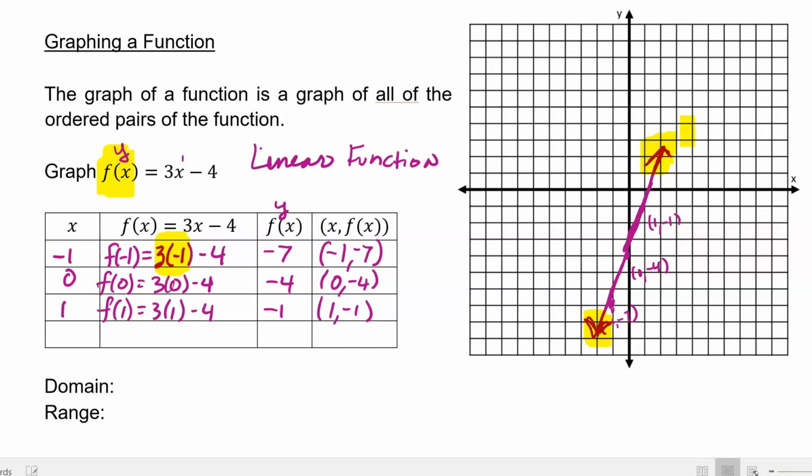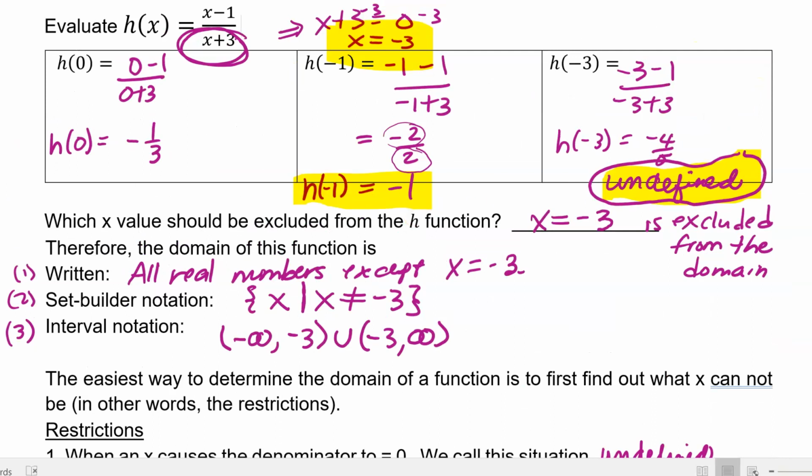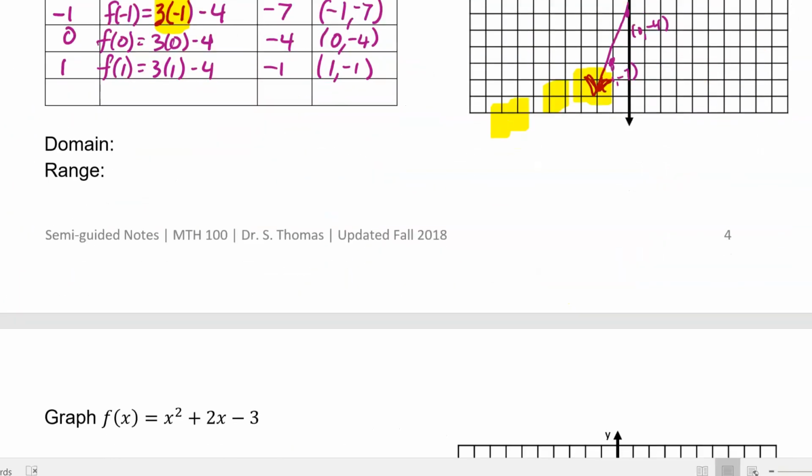Notice it's continuously going this way and it's continuously going this. So it's covering this whole entire x-axis. And because it's covering this entire x-axis, our domain is negative infinity to positive infinity.